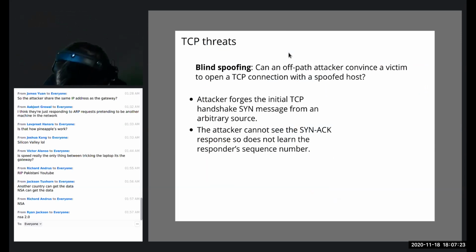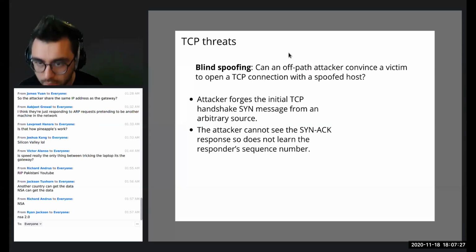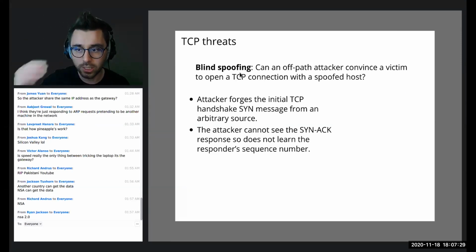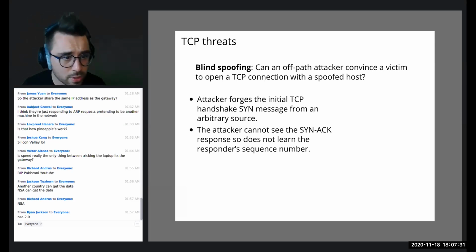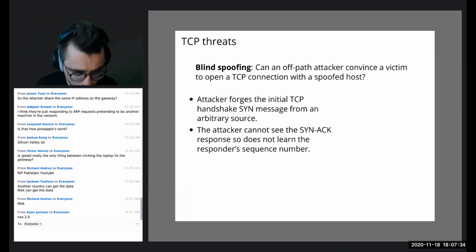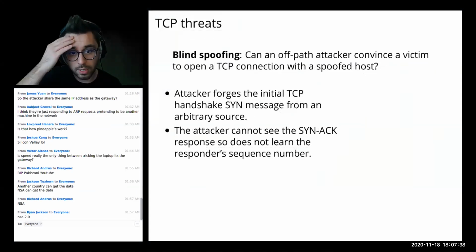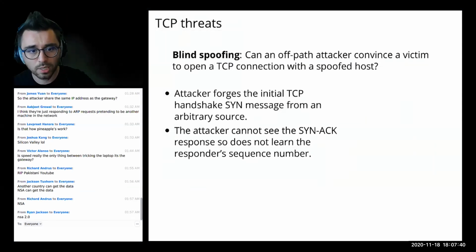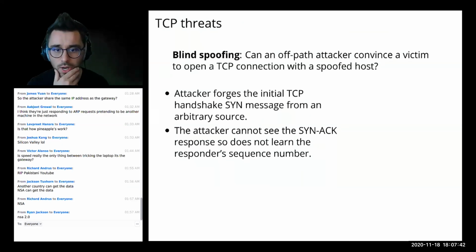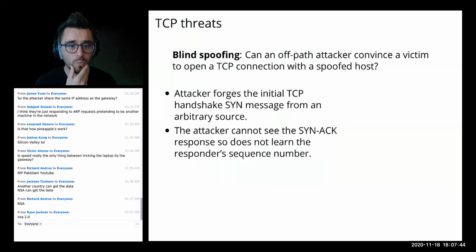The last bit that I want to talk about is the blind spoofing attacks. Let me switch back to the iPad because that might make it a little easier to draw. In the blind spoofing attacks, our goal as the attacker is to try to convince a victim to open a connection with a spoofed host, right?